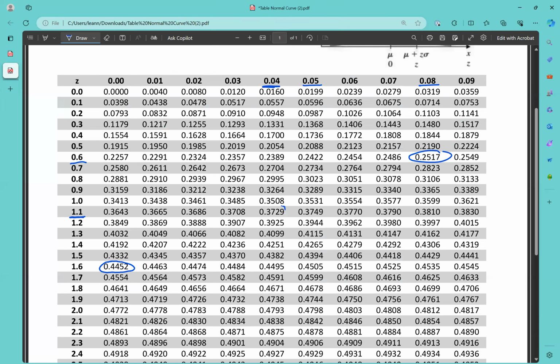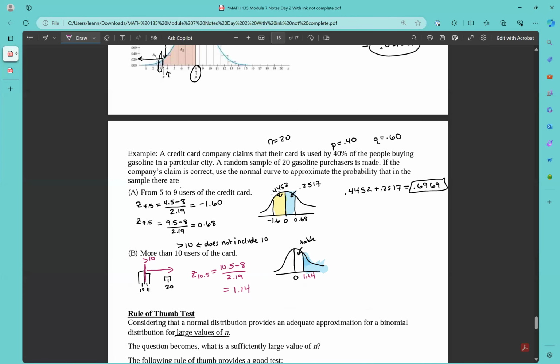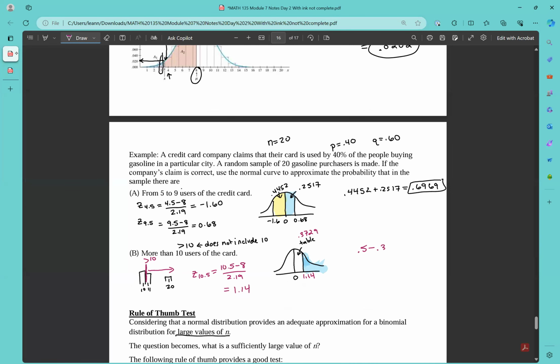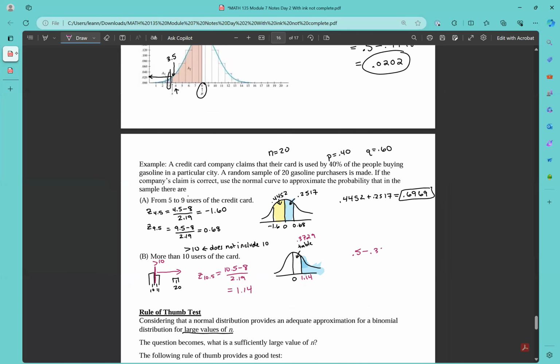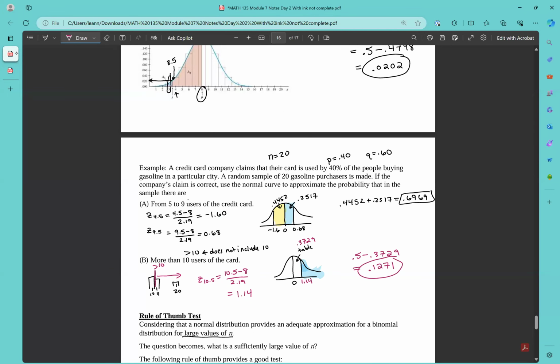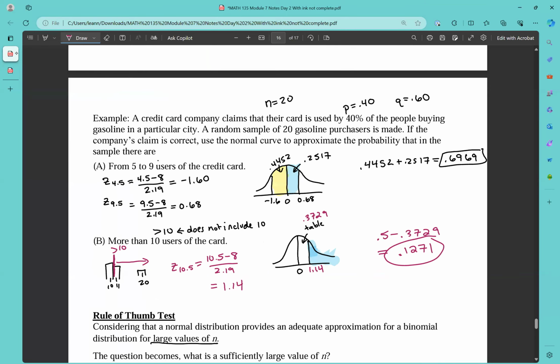We find where those two overlap. That's 0.3729. So the table gives me 0.3729. So I would do 0.5 minus that to get the area to the right of it. This keeps wanting to zoom out. And that's going to be 0.1271.